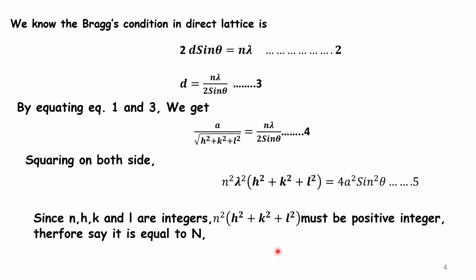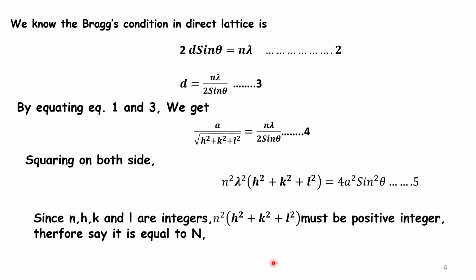Now in this expression, n is the order of diffraction, lambda is the wavelength, and h k l are the Miller indices. Therefore these values are integers. Therefore n square into in bracket h square plus k square plus l square must be a positive integer.